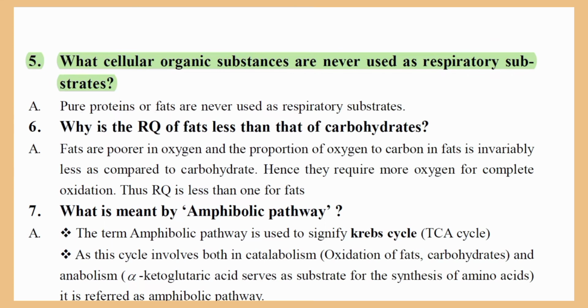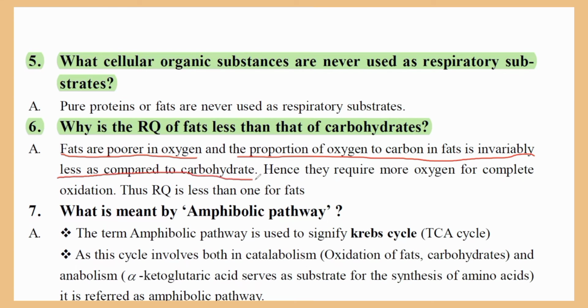Now we are going to discuss the sixth question. Why is the RQ of fats less than that of carbohydrates? Because fats are poorer in oxygen, the proportion of oxygen to carbon in fats is invariably less as compared to carbohydrates.